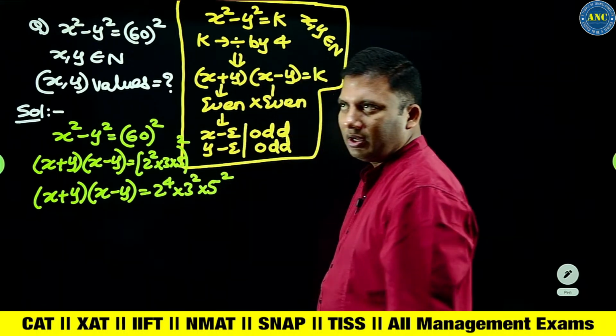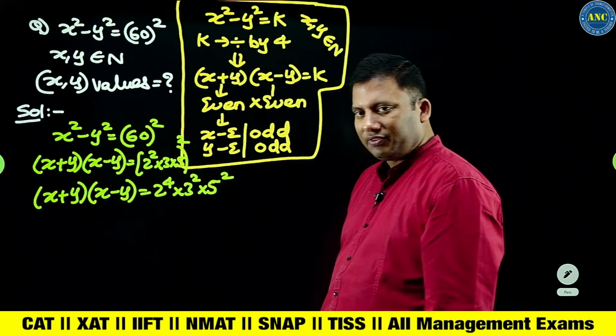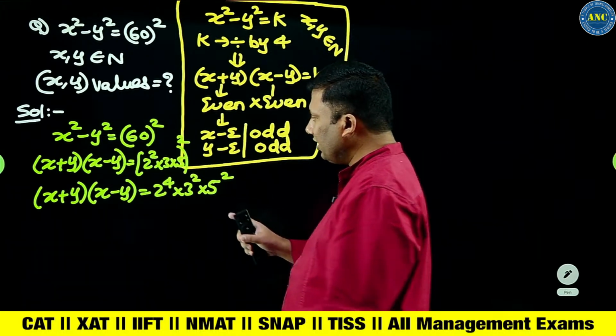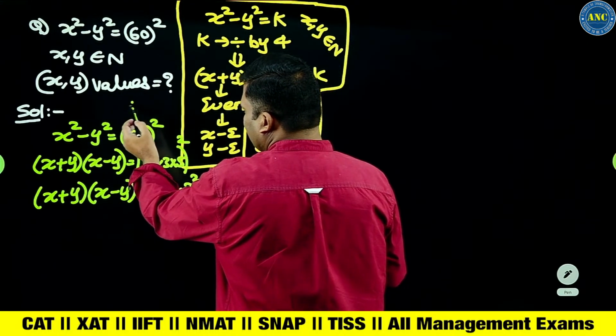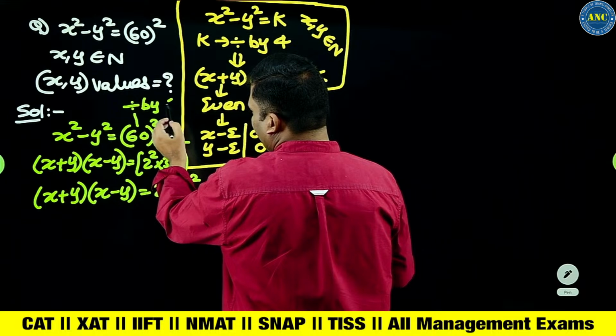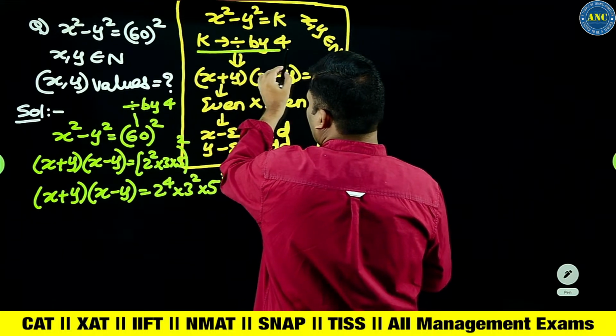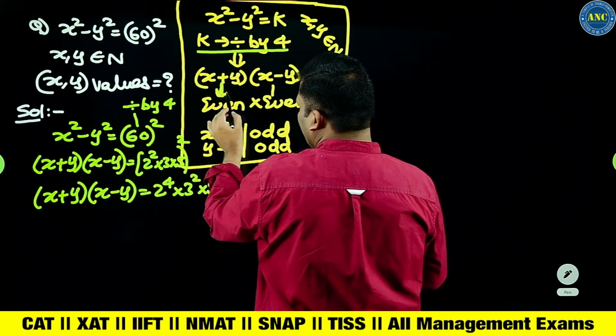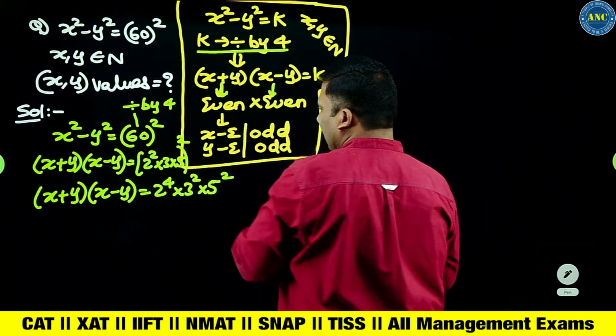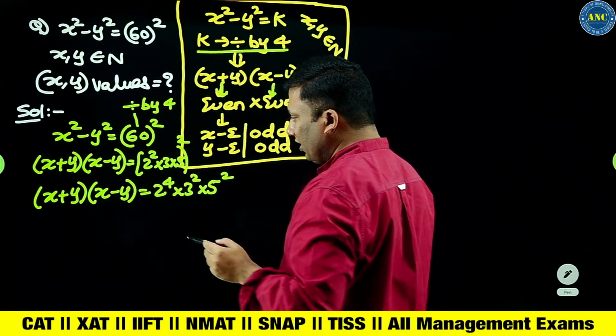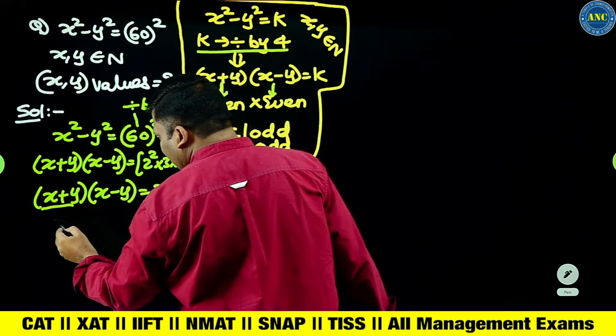The right hand side is divisible by 4. When it is divisible by 4, what is the condition? x plus y should be an even number, x minus y should be an even number.